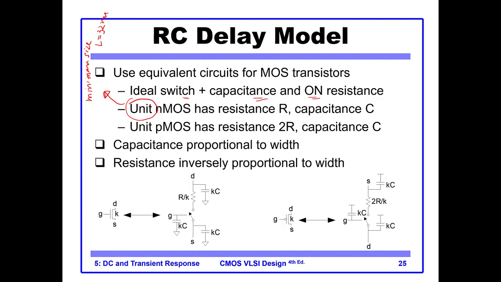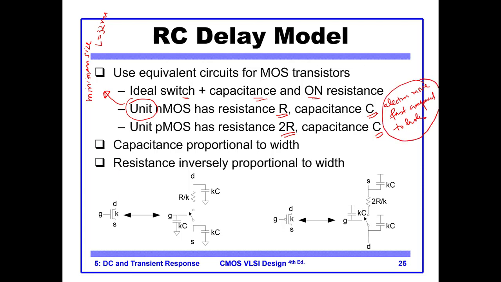Now remember that a unit NMOS has a resistance R and a capacitance C, but a unit PMOS has a resistance 2R and a capacitance C. Why? Because the electrons move fast compared to holes.